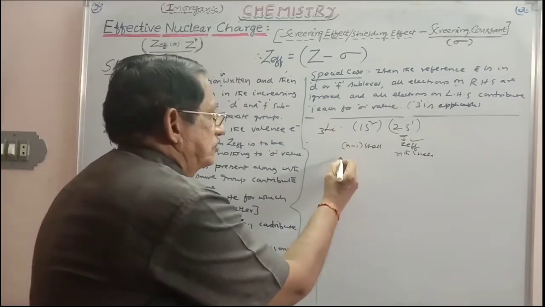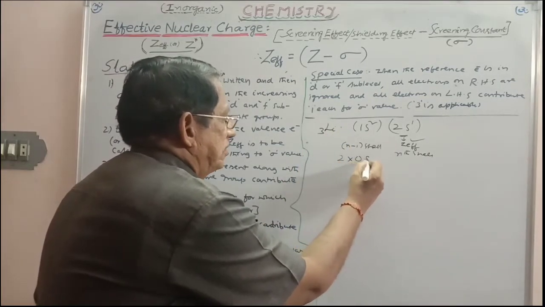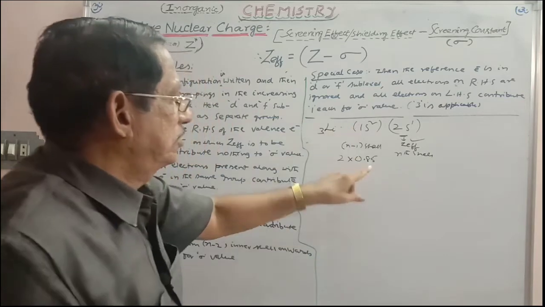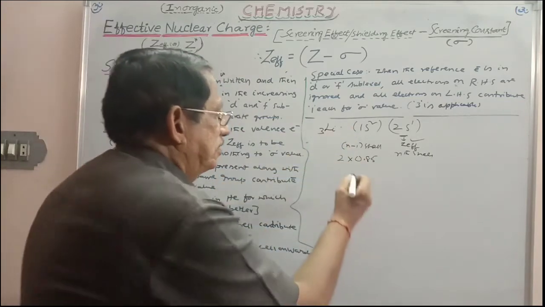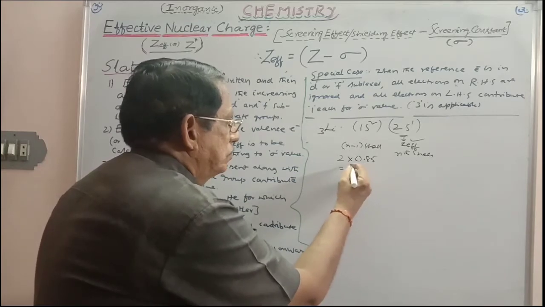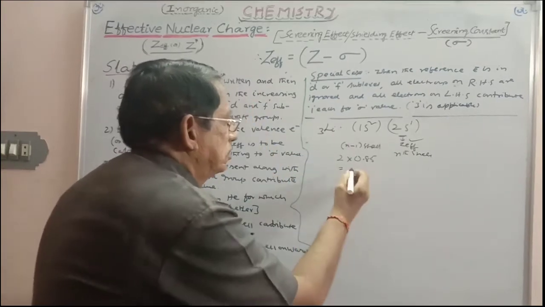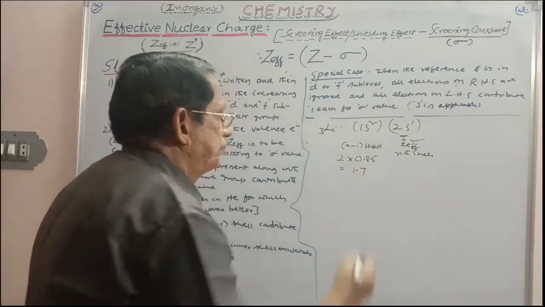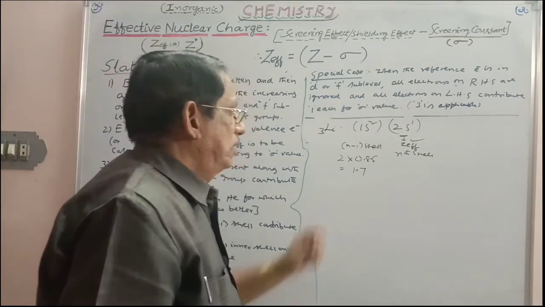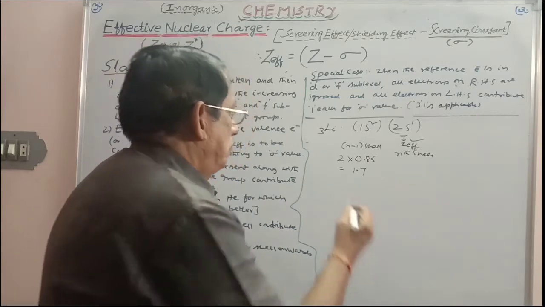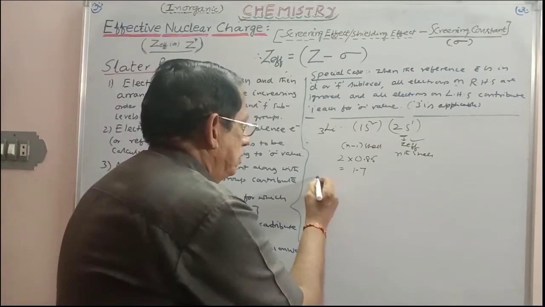There are 2 electrons, each contributing 0.85. So 2 into 0.85 is equal to how much? 1.7. Right?